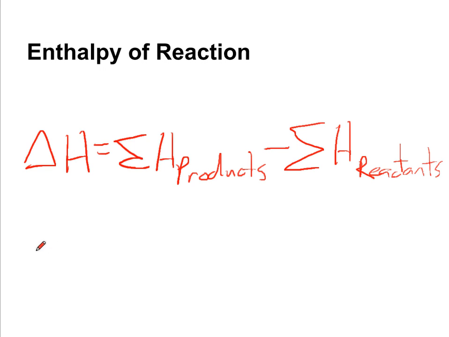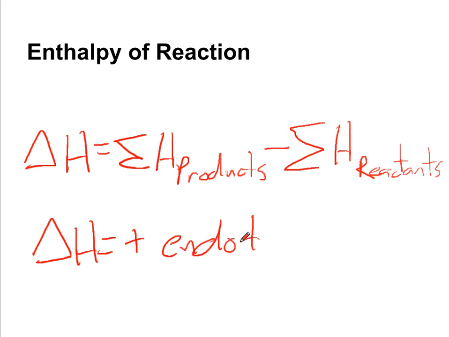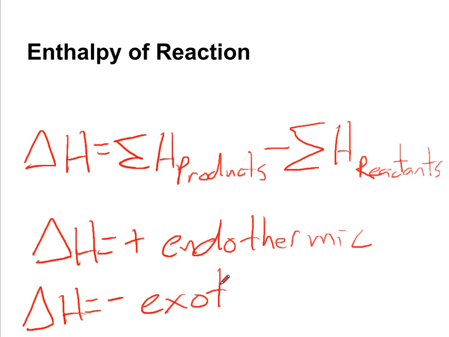If you do this equation and you come up with delta H being a positive number, that's an endothermic reaction. In an endothermic reaction, the system absorbed heat. It absorbed energy from the surroundings. If delta H is a negative number, that's an exothermic system.